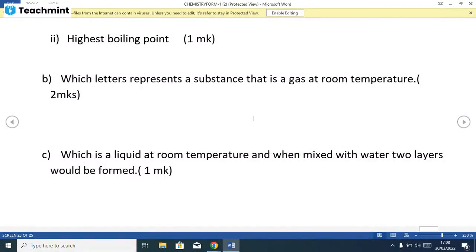Part B. Which letters represent a substance that is a gas at room temperature?